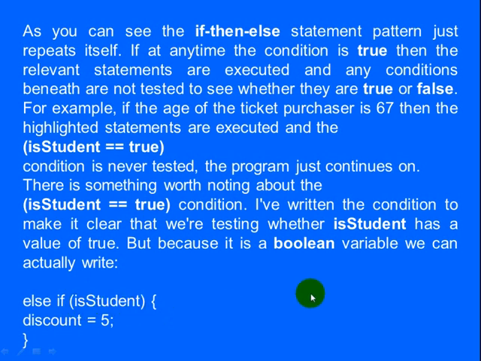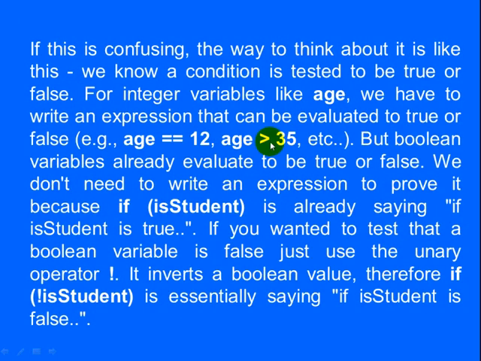Is student is a Boolean variable, and a Boolean variable itself evaluates to true or false. So is it required to write is student equals true, or can we simply write is student?